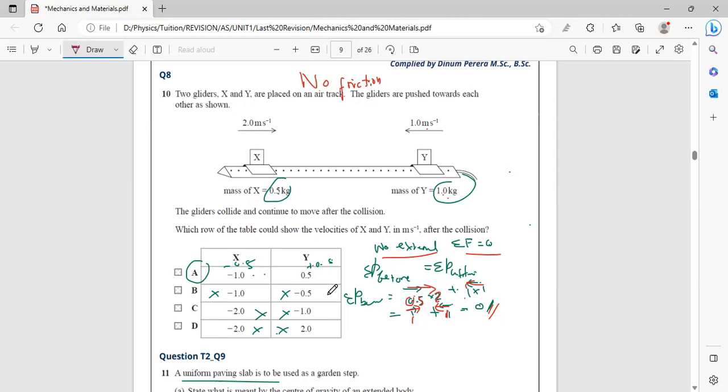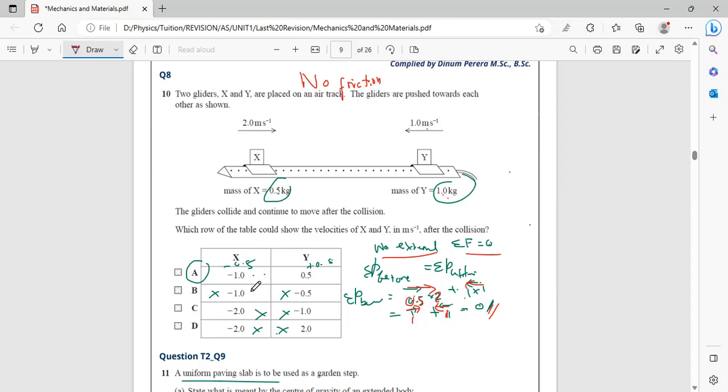Right. So what are the possible answers? Let's take B. Both velocities are minus. If both velocities are minus, when you multiply the masses with velocities, the momenta also will be minus. If the momenta are minus, the total momentum also will be minus, right?